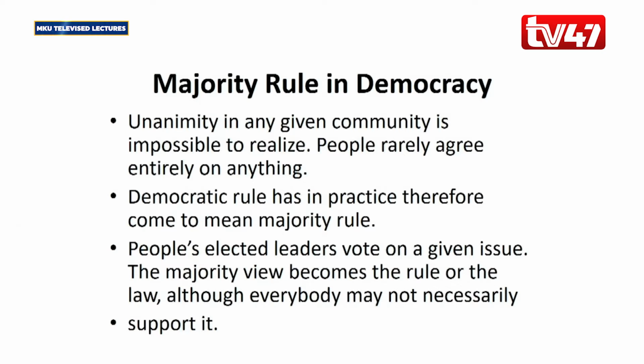But it doesn't mean that the minority who are dissenting are not a part of the democracy. It is just how democracy works, such that the majority of the people have their way, but the minority also have their say. And that's how democracy really works.